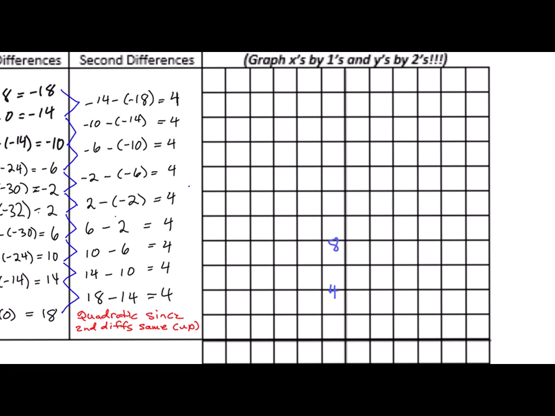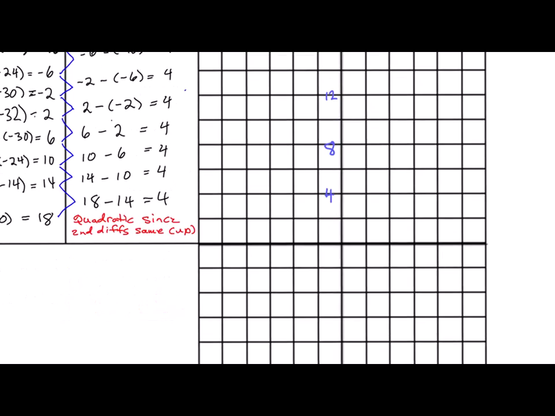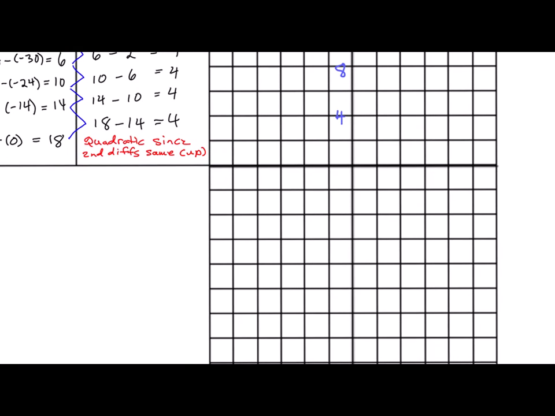Each of the numbers moving up and down will be going up by 2s. So every block will be going up by 2s. So I got 4, 8, 12, 16, and 20. And then along the x-axis, we're going to increase the numbers only by 1 for each block. When we take a look at the x's, we're going to start with -2, and we're going to go backwards.